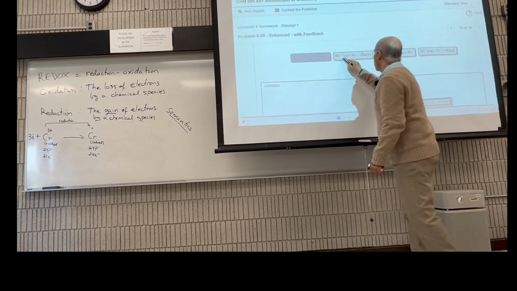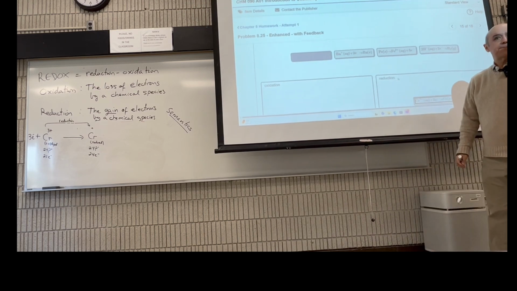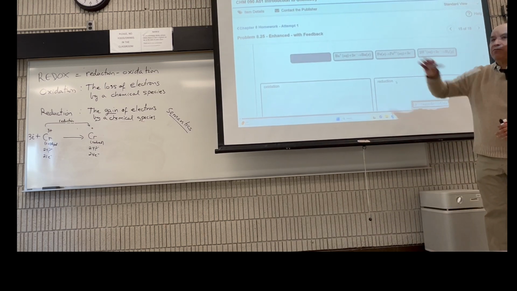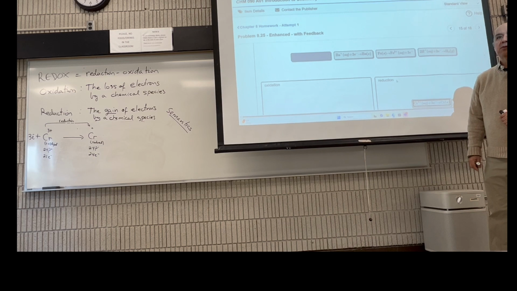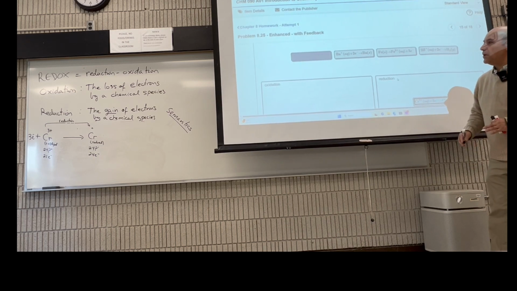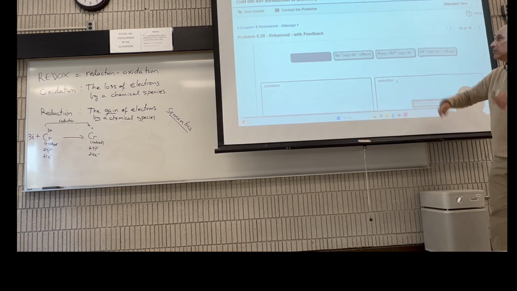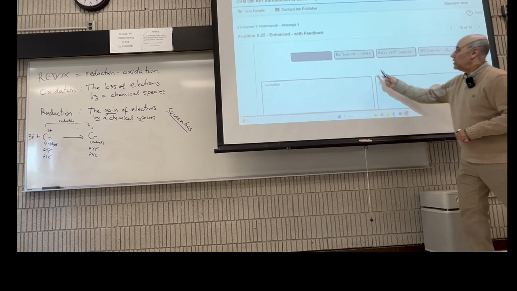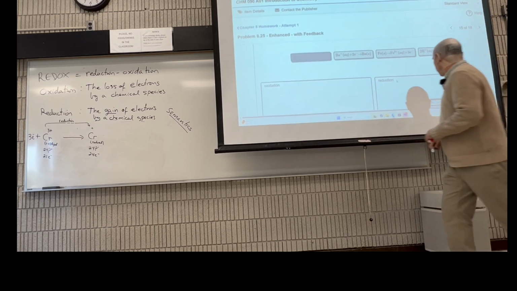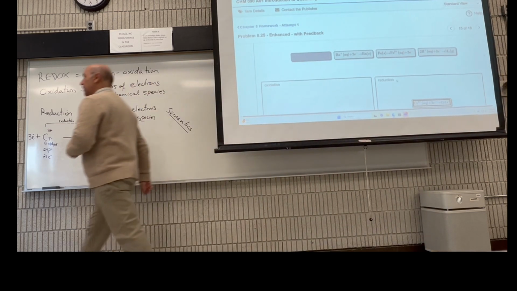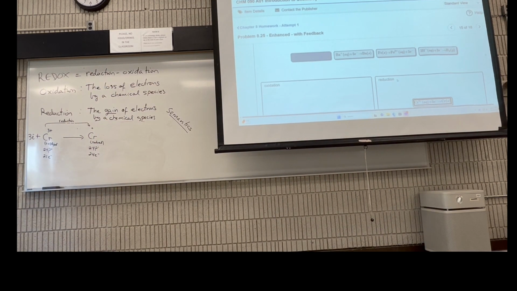So this is a reduction. A little bit easier when you have the definitions in front of you. You can look at this in multiple ways. Perhaps the easiest is to just go to your definition or to Leo the Lion or oil rig. So we're going to drag that to here. It's another reduction.